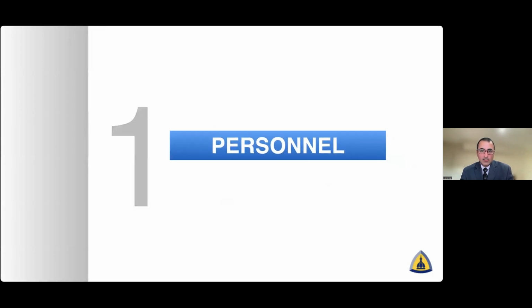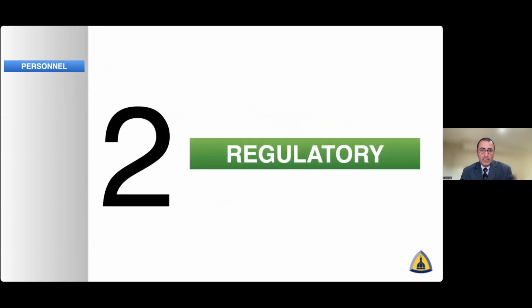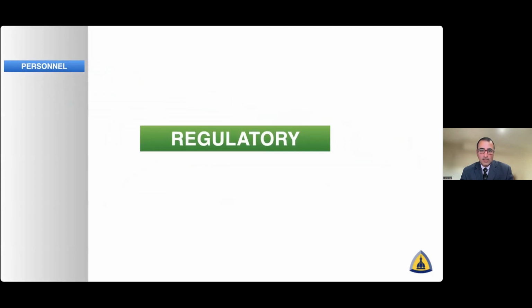So just going through the important elements of, I think, a good project. I'm going to run through the 6 or 7 elements here first, and then go into them in a little bit more detail. Number 1 is personnel, the people that are involved in it. Number 2 is to make sure you're cognizant of regulatory issues.